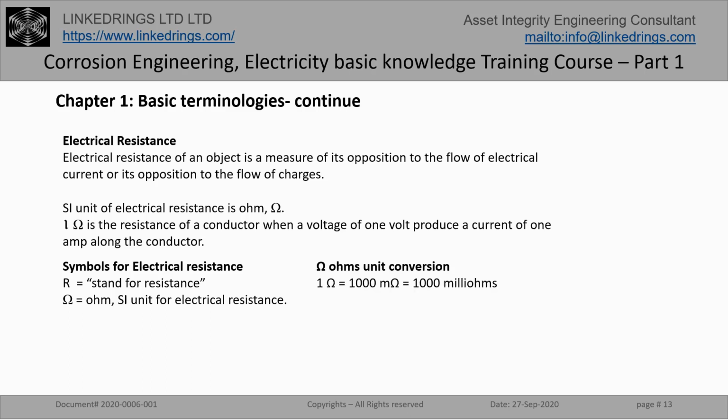Here we also have 1 ohm equal to 1000 milliohms. 1 ohm equal to 1 million micro ohms. 1000 ohms equal to 1 kilo ohm. 1000 kilo ohms equal to 1 mega ohm.